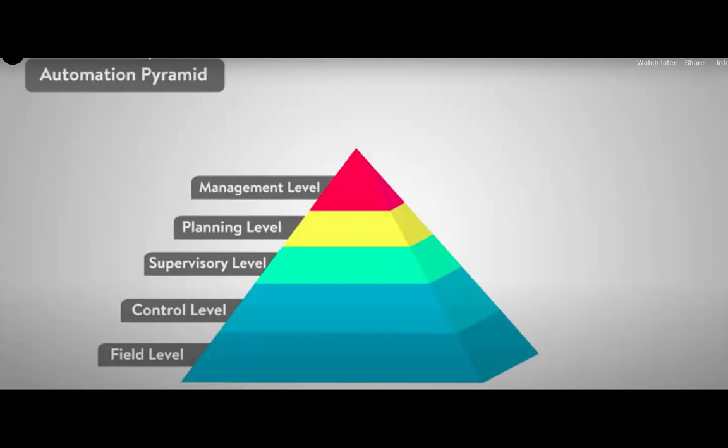Then the next level is the control level. We have already seen that it consists of PLCs and other control elements which actually control the sensors and actuators.